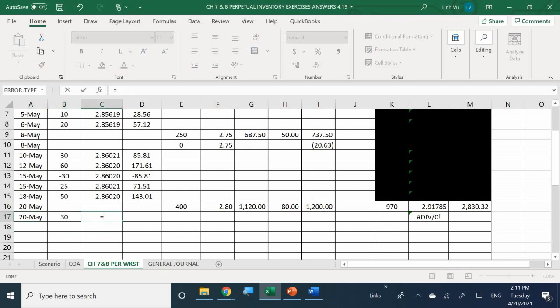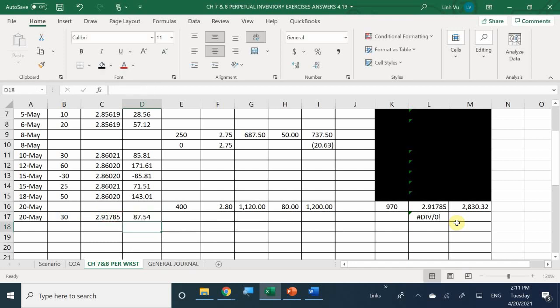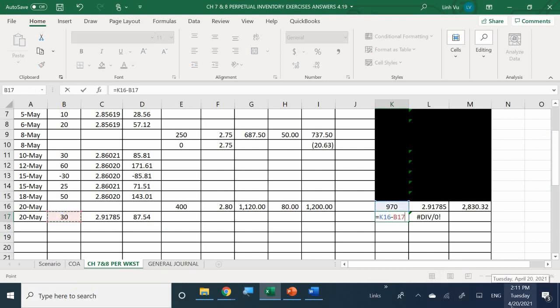At what cost is each mug? $2.9175. Perfect. So how much is going to be my total cost of goods sold? $87.54. This is the number I'm looking for, but let's update our inventory. If I started out with 970 and I sold 30 mugs, how many should I have left?